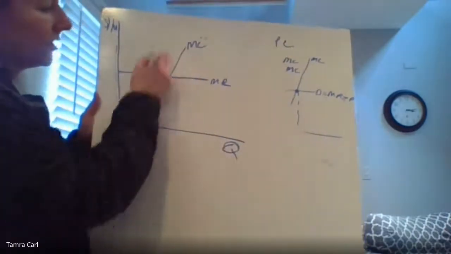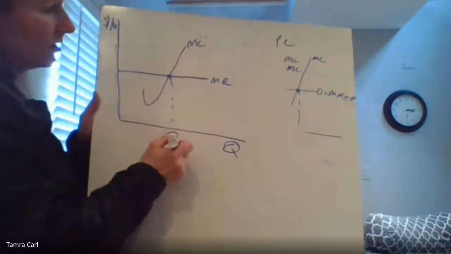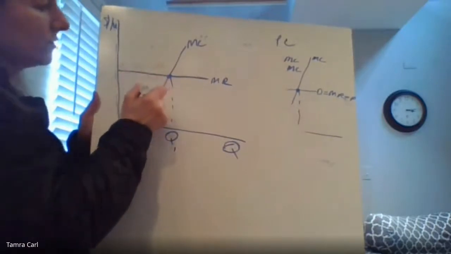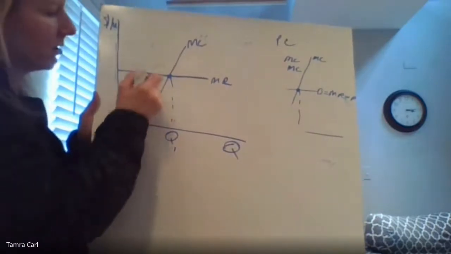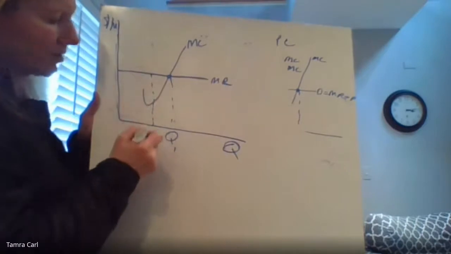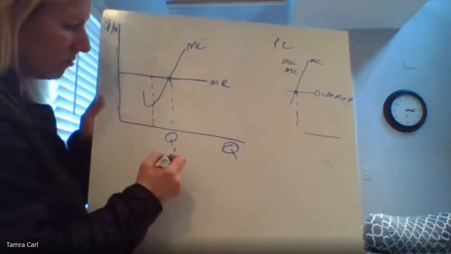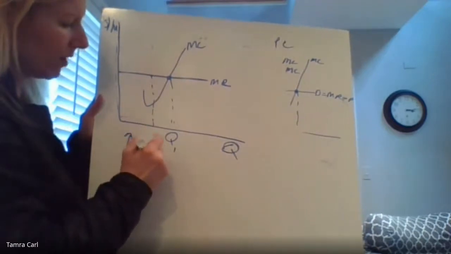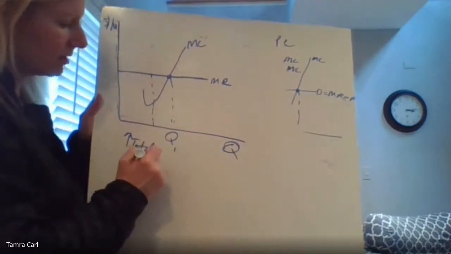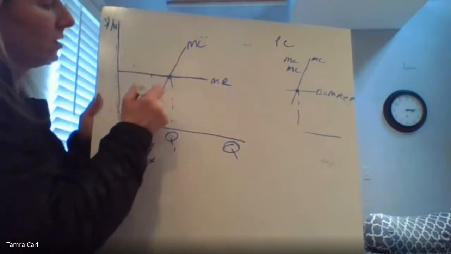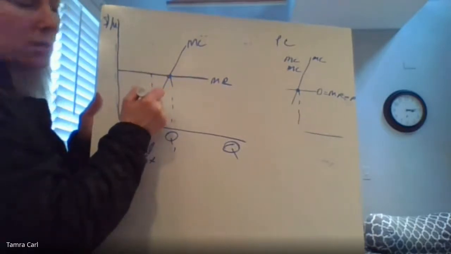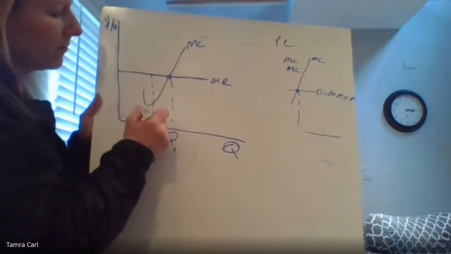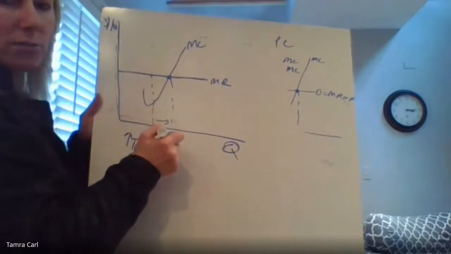Because everything prior to this unit, the additional revenue is greater than the additional cost, and so therefore I'm adding to my total profit. My total profit keeps going up when I'm on this side of it, because my additional revenue per unit is greater than my additional cost. So I keep adding to my total profit all the way until I get to Q1.